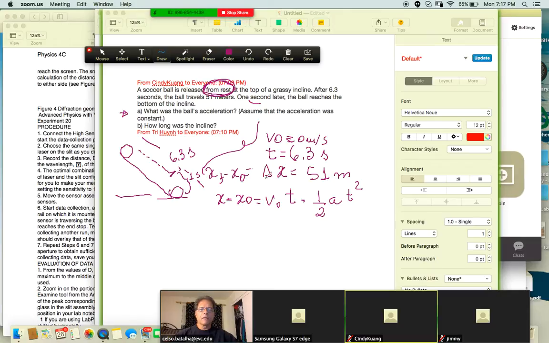So x minus x naught we have is 51. Initial velocity is 0. The acceleration is in that direction and the velocity too, so they are both positive, plus half acceleration times 6.3 squared.